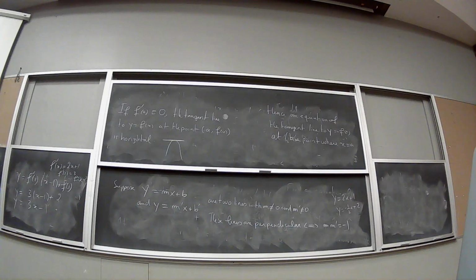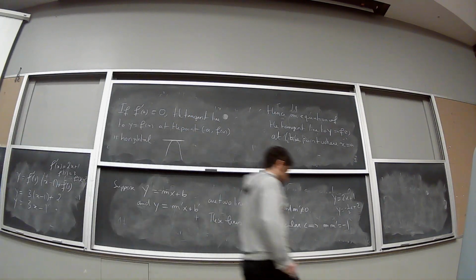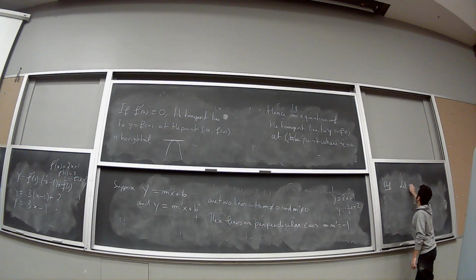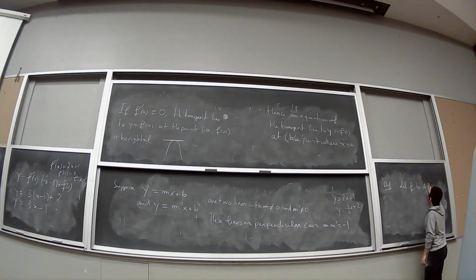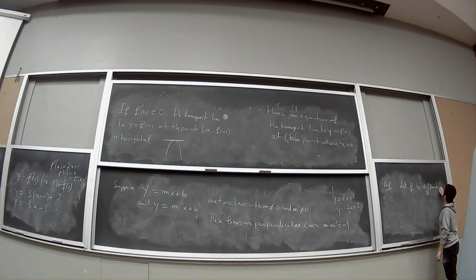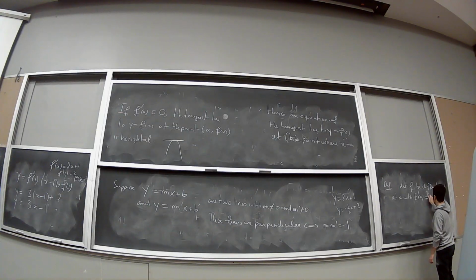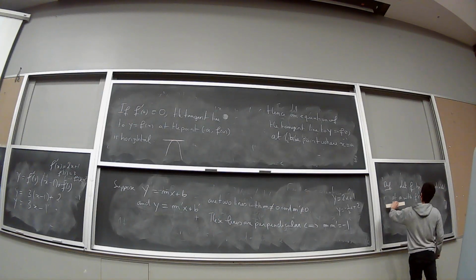Now let us look at the normal line. Definition. Let f be differentiable at a, with f prime of a non-zero.